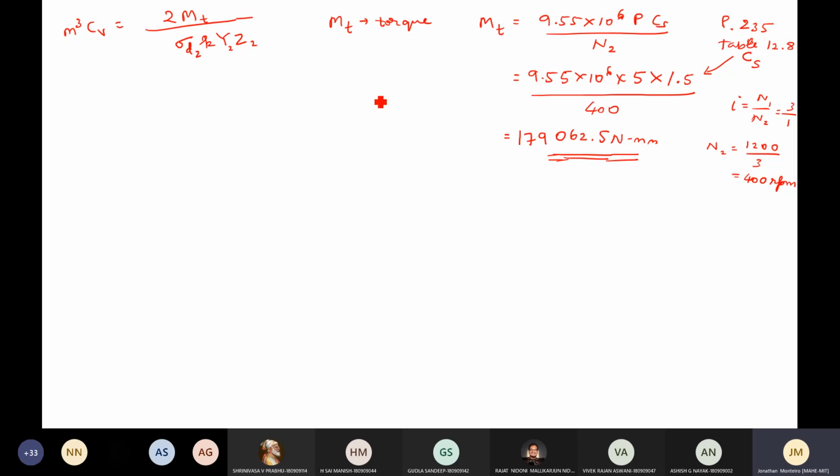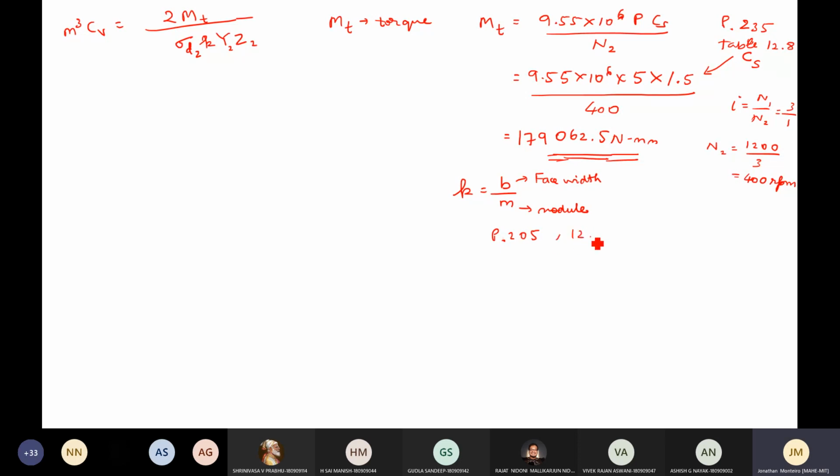What about K? K refers to the ratio of B by M. B means face width and M is the module. Face width to module ratio is called K. We don't have a specific value to take, but we definitely have a range. If you go to page 205, on the top, you have face width in terms of module.